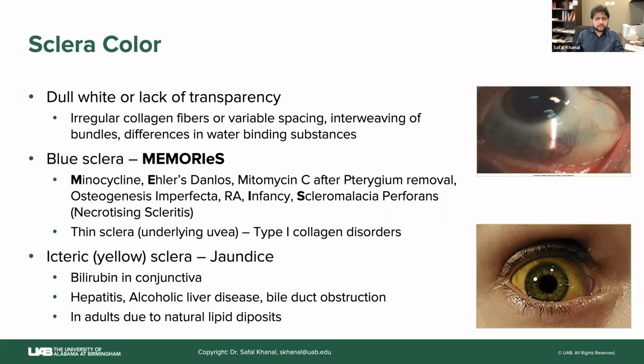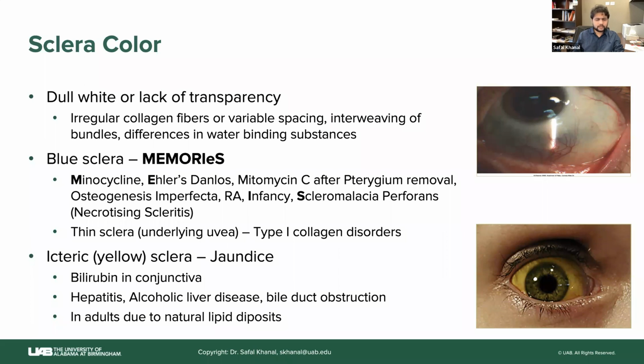In some conditions, you can see blue sclera, where thinning of the sclera occurs, and you can see the underlying uveal tissue. You can remember these conditions by a mnemonic. Oftentimes, these occur in type 1 collagen disorders.